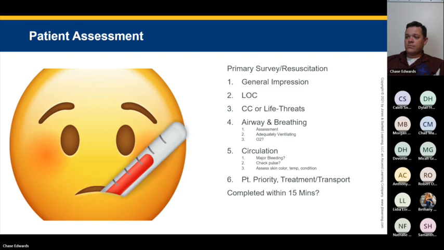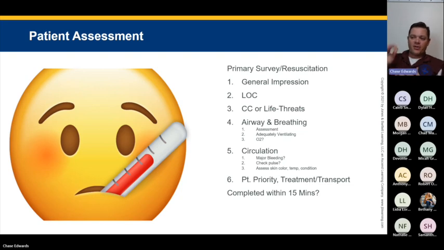So next, I'm going to get my general impression of the patient. Yep. So he's sitting in a chair. He appears lethargic and in a little bit of distress. So when you walk up to him, how would you walk up to him first?